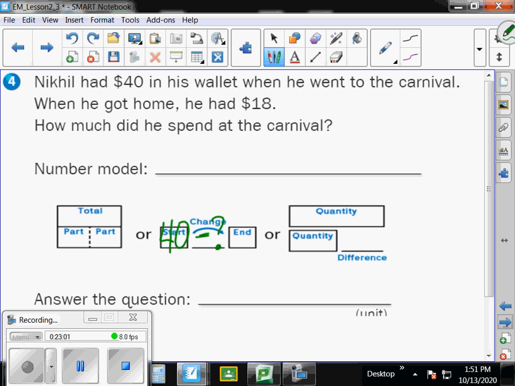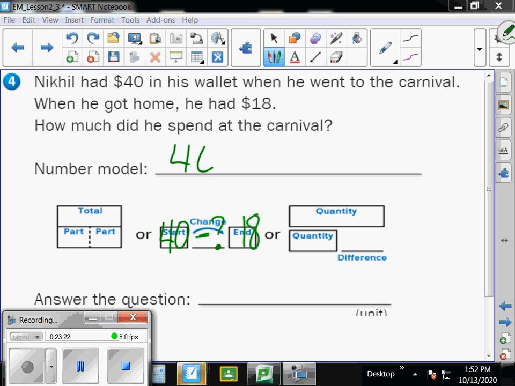So I'm going to put a question mark. And then when he got home, he had $18. So that's what he ended up with. All right, so here your number model is made for you. You started with 40. You spent something at the carnival, we don't know how much, and then you're ending with $18. So you're going to put your number model, 40 minus something equals 18.